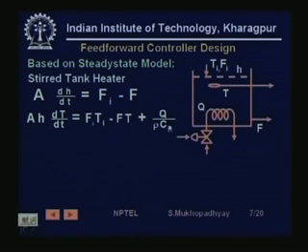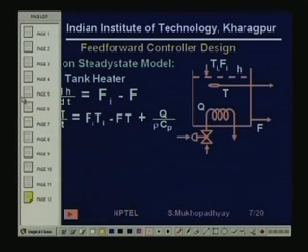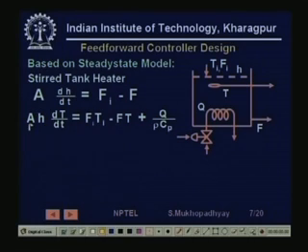If you multiply this side by rho Cp, you will find that the inlet enthalpy is rho Cp Fi Ti. We can understand this, because if you multiply you will get a rho Cp here, and a rho Cp here.